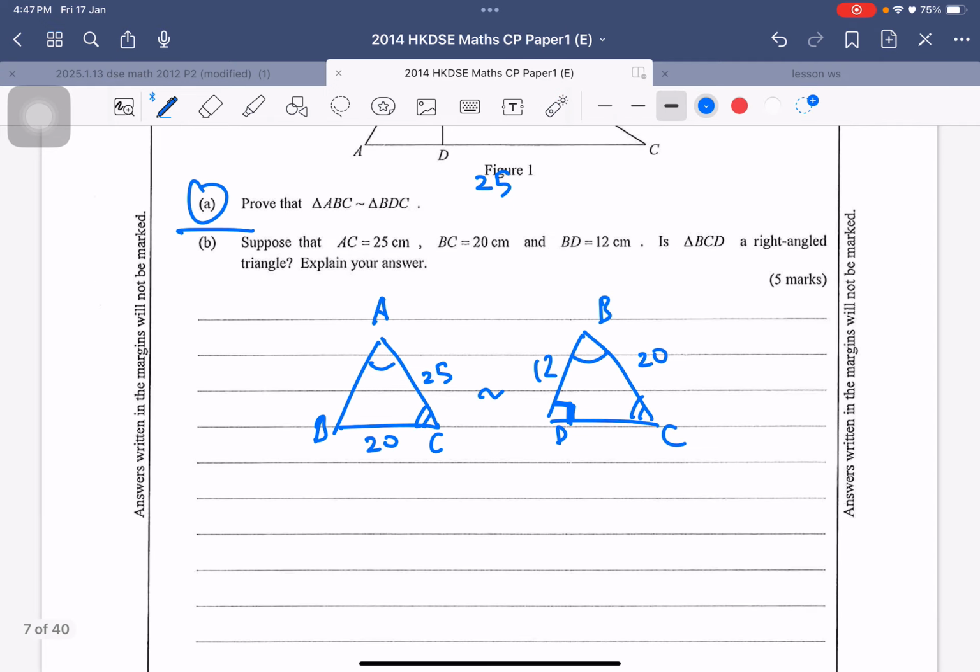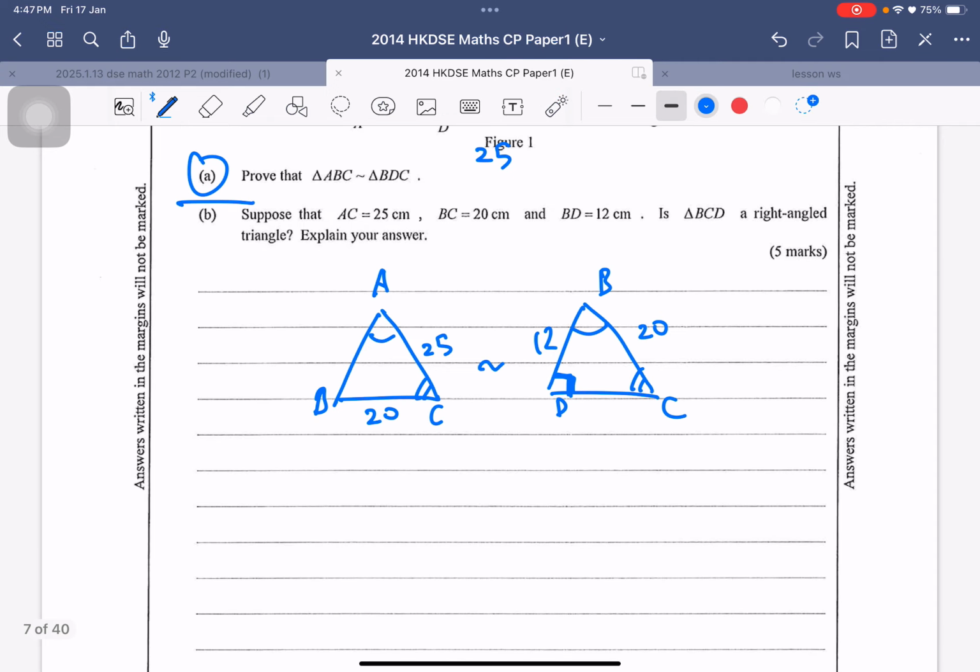So now we can say, because triangle ABC is similar to triangle BDC, AC divided by BC is equal to BC divided by DC. Is this okay, Savannah? What's the reason that we used?